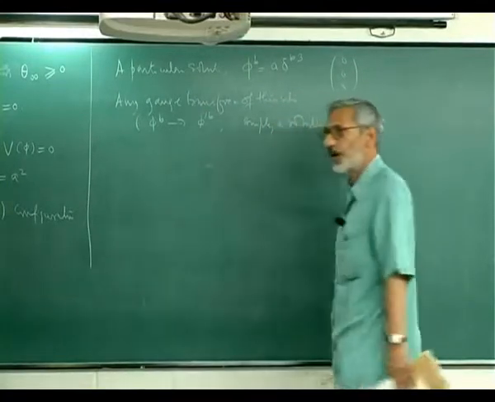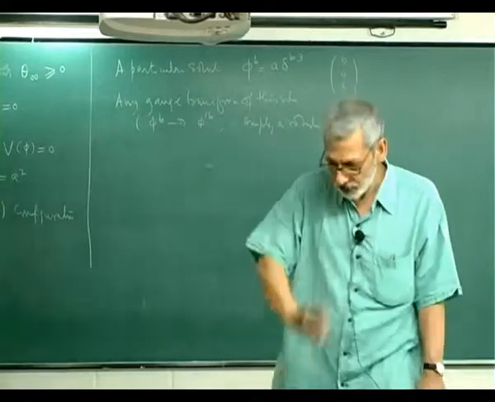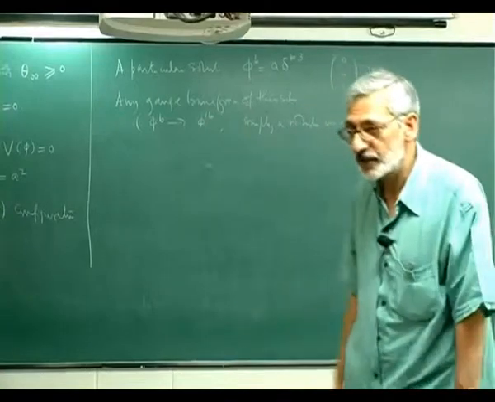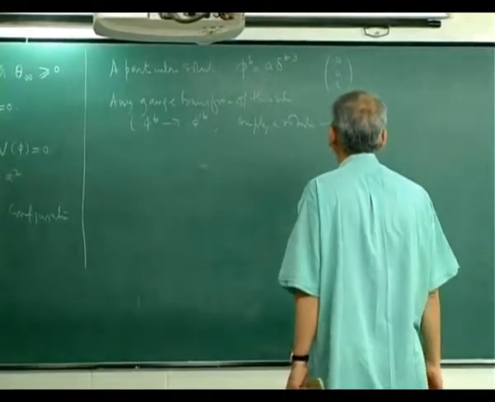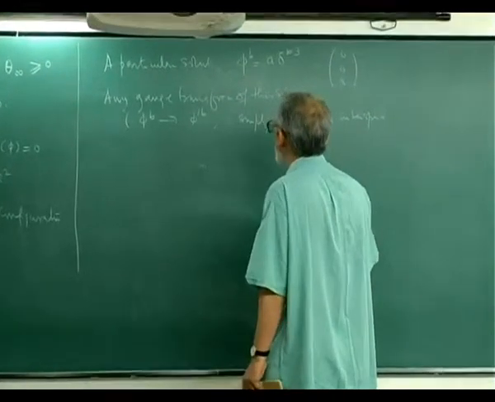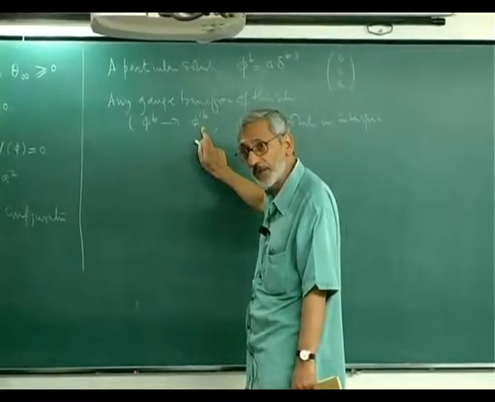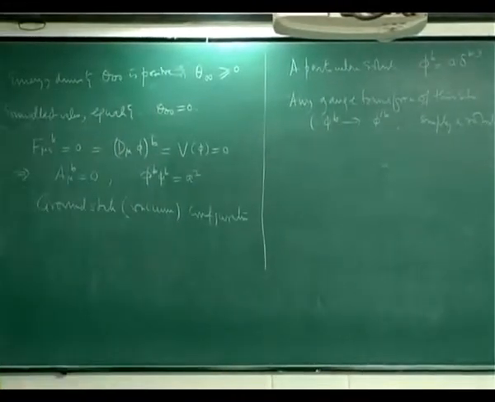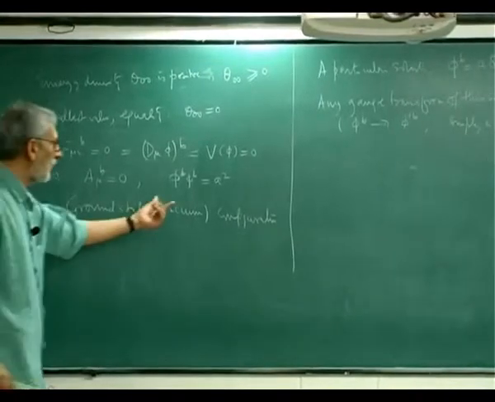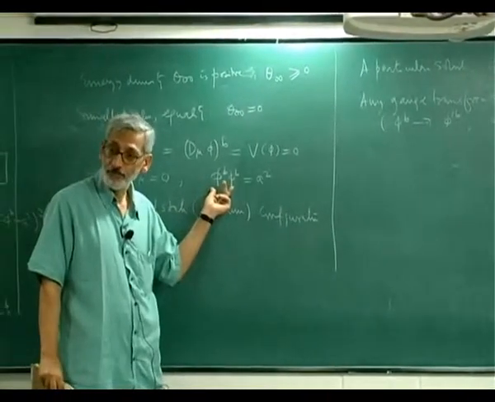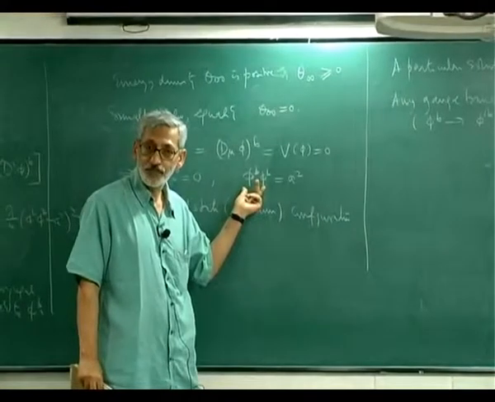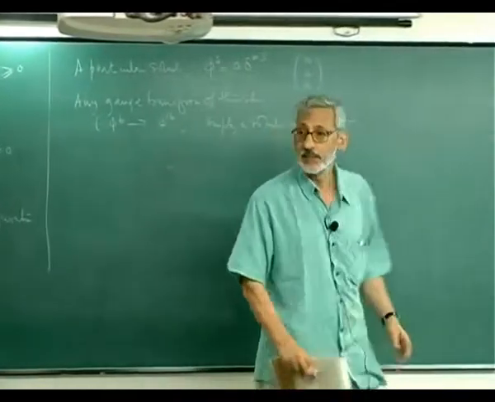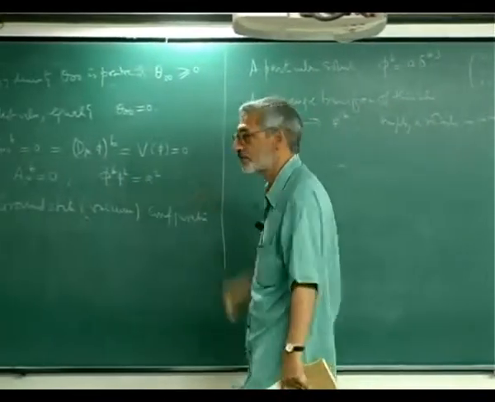So if you think of it as a vector in 3 space, do an arbitrary rotation. That's what a gauge transformation does. But then this phi prime that I have obtained from this configuration is still going to satisfy this equation, because phi b is a gauge invariant combination. Is it clear? Every gauge transformation of this configuration still satisfies this.